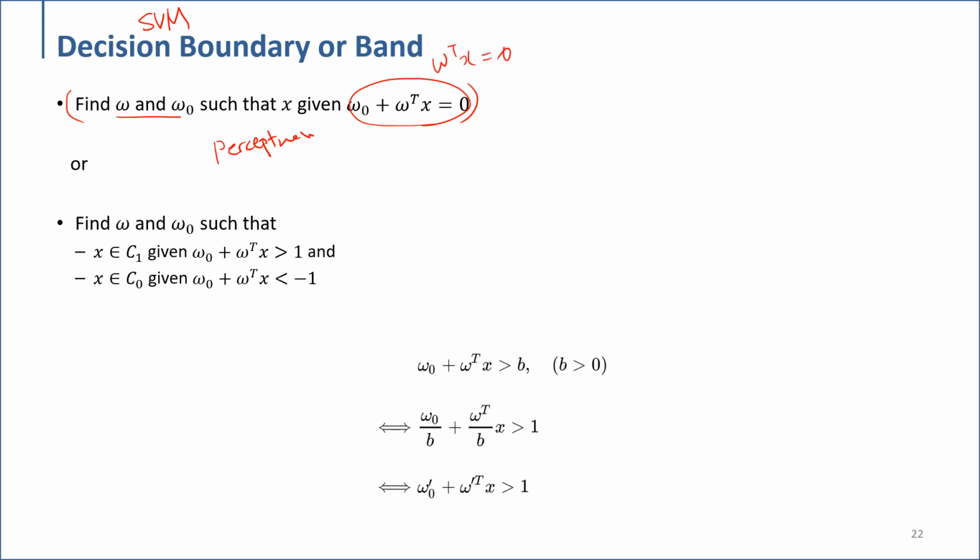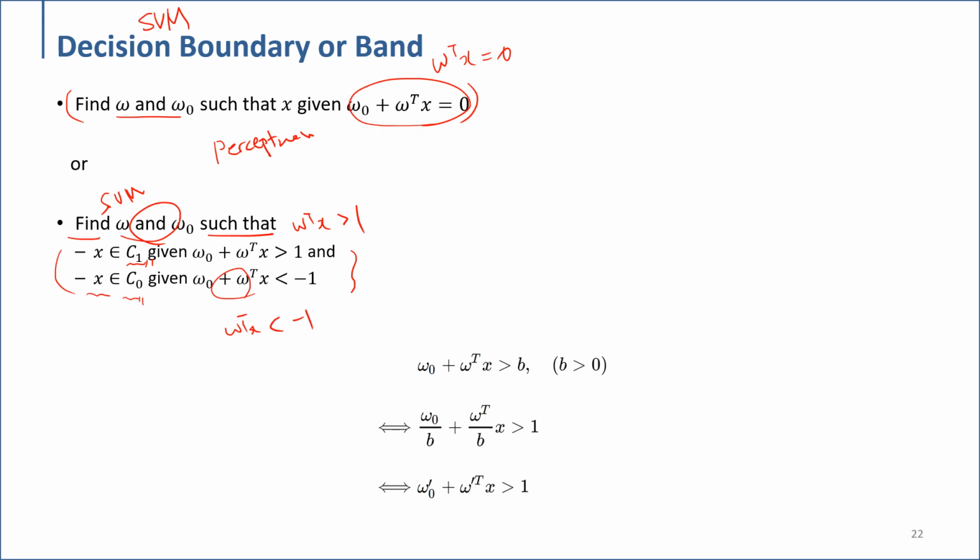But in the case of SVM, the objective is finding omega that satisfies these conditions. That means x that belongs to class C1 should have omega transpose x larger than 1, and x that belongs to class C0 should have omega transpose x smaller than -1.